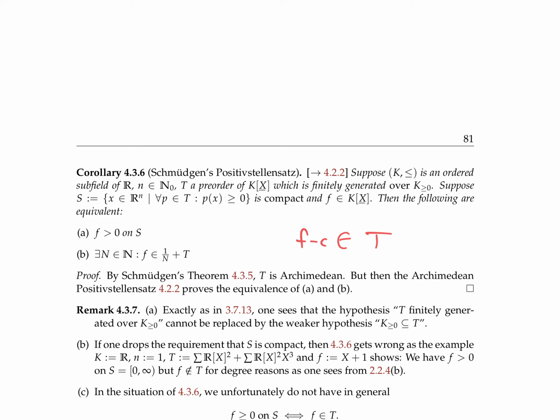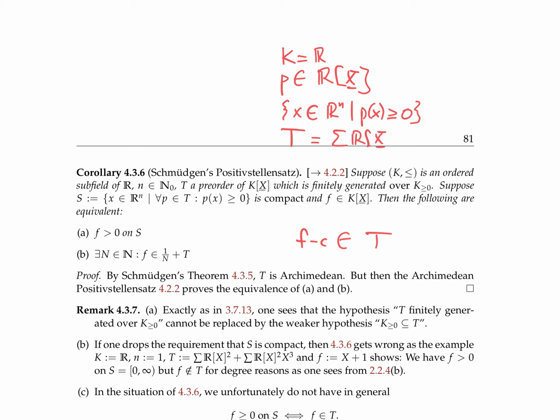For example, you could have just one polynomial p, with K equal to the reals, such that the set of all x in R^n such that p(x) is greater than or equal to 0 is compact. That could happen, of course. For the preorder I can just take the sums of squares plus sums of squares times p.